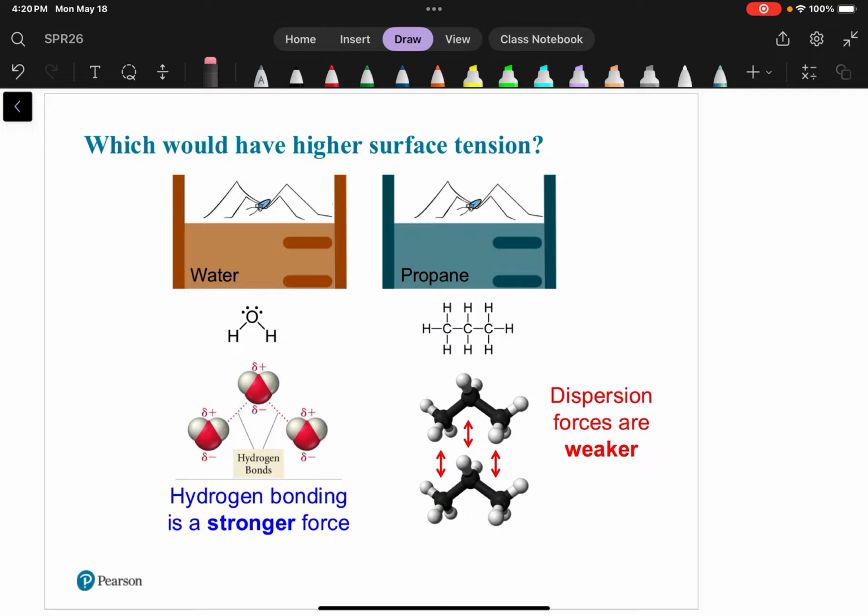Therefore, we have that really high intermolecular force, which means our surface tension is really high as well. Over here, we have lower intermolecular forces, and so our surface tension is lower. So we would expect that our poor stick bug here would sink into the propane.